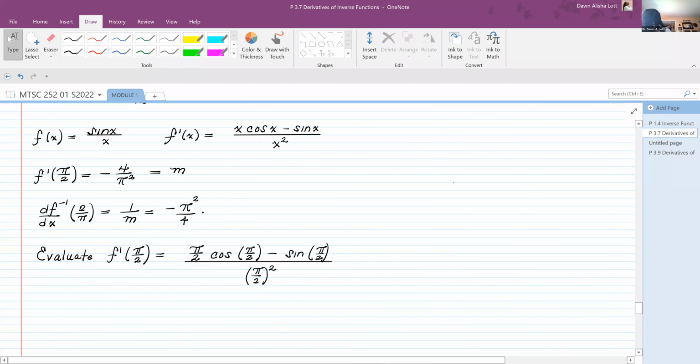So now the cosine of pi over 2 is 0, and the sine of pi over 2 is equal to 1. So this is -1 divided by pi squared over 4. So that's -4 over pi squared. Okay. Any questions about that?